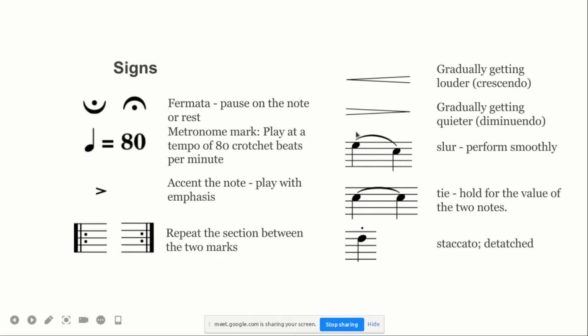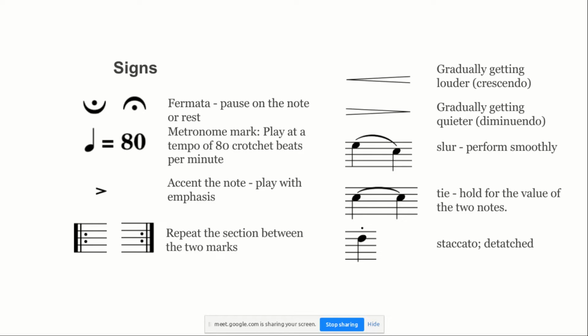The only difference between a slur and a tie, okay, there are several differences, but the most common notable difference is that a slur will connect two notes that are different pitch, and a tie connects notes of the same pitch. Note that they are both on the same space.